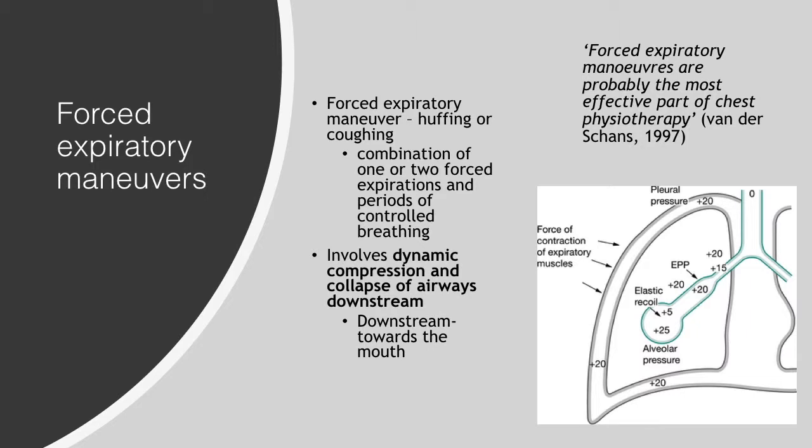So in the picture, you can see that the force of contraction from the expiratory musculature is causing a significant increase in alveolar pressure. And then if you look up in the central airways, the pressure is zero. So these forced expiratory maneuvers push secretions towards where they can actually be expelled.